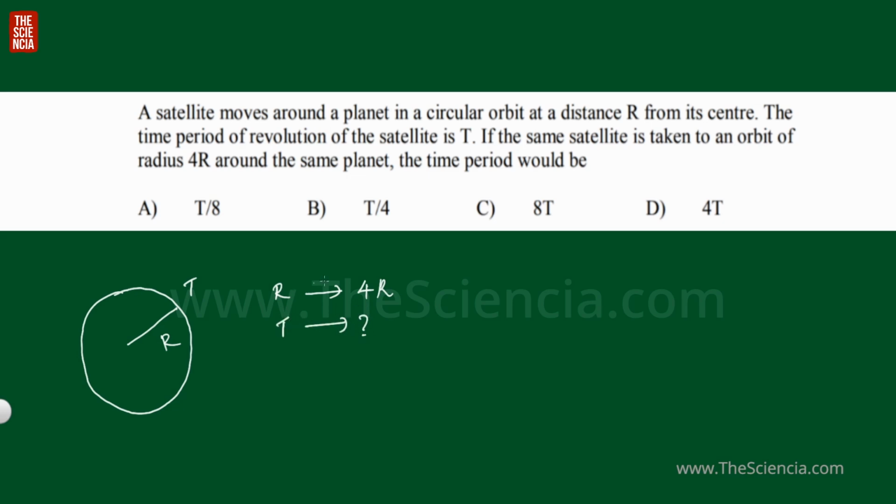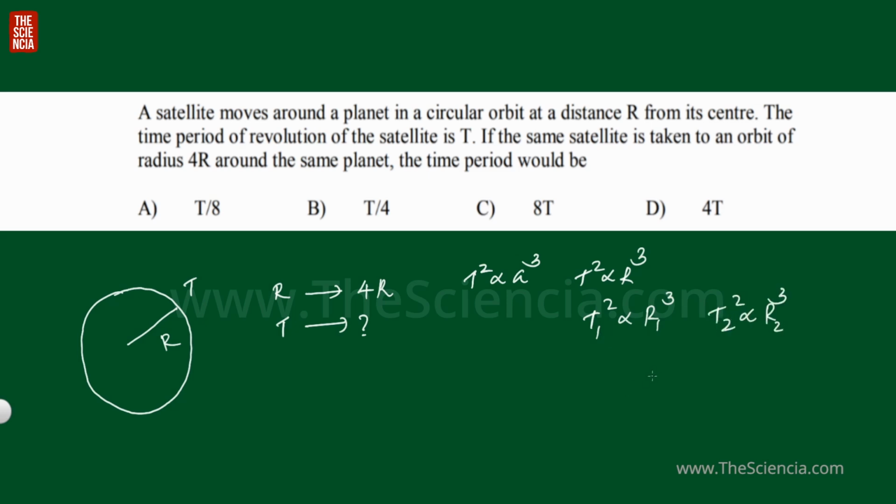That is the question. From harmonic law we know T square is proportional to a cube. Here a is r itself, that is T square is proportional to r cube.